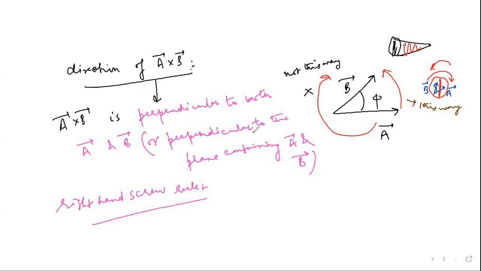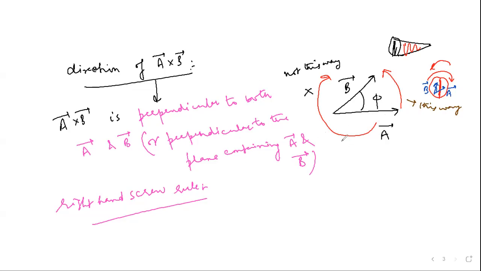Now you have to push vector A towards vector B through the smaller angle. And what will happen? This screw will move in the anticlockwise sense. When it moves in the anticlockwise sense, the screw will come out of the board, right?